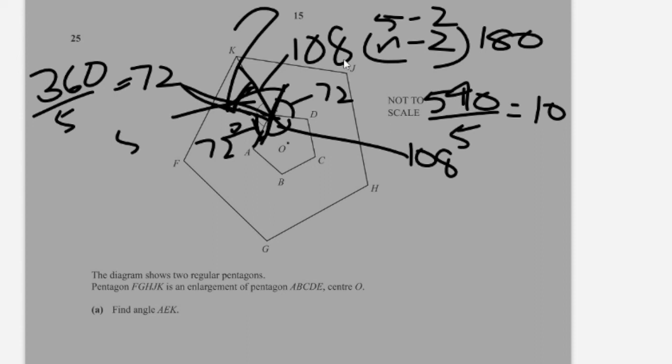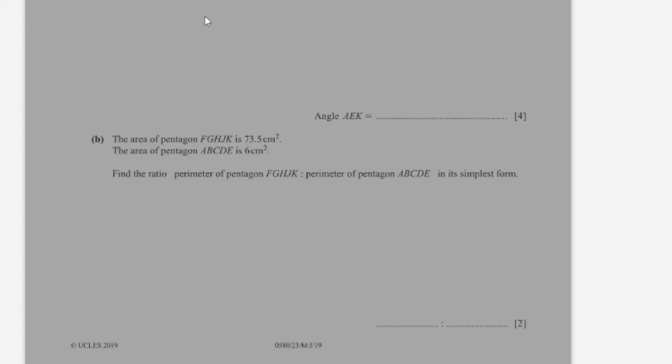So this is 54. Now when we add 54 and 72, we find the value of angle AEK. So 54 plus 72 gives us 126. B. The area of pentagon FGHJK is 73.5 centimeters squared.